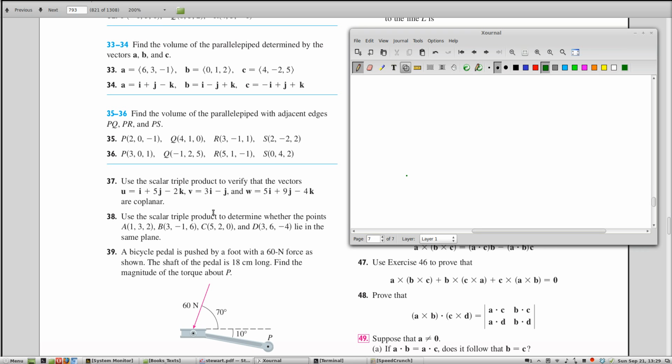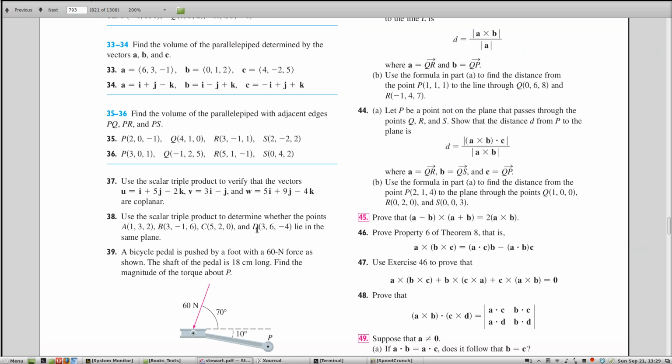And so what you need to check is that the volume of the parallelepiped is 0. So what you're checking here is that if you do the scalar triple product U times V cross W or some other permutation, it turns out to be 0. So that's what you need to check to do 37, and you should draw the parallelepiped with 0 height and try to understand what I'm saying about that.